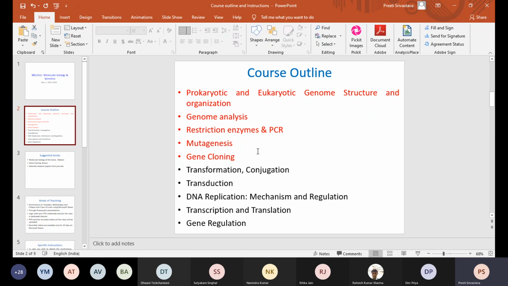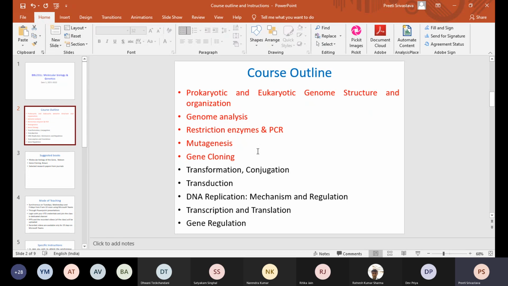This will be followed by the various methods of gene transfer in bacteria. Here I am going to talk about microbial genetics, which would include transformation, conjugation, and transduction. In this we are going to discuss in detail how these three techniques can be used not only for introducing plasmids per se, but also for genome engineering in bacterial cells.